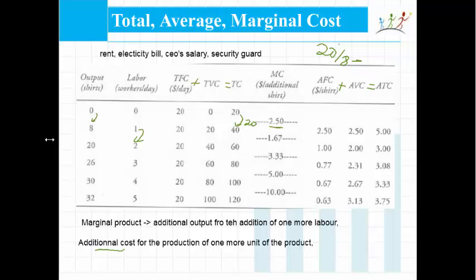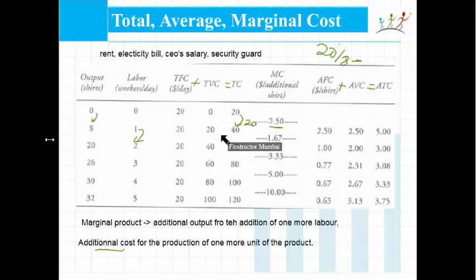For an additional 12 units, what is the additional cost that I need to spend? So if I hire 2 laborers, fixed cost will be 20 units. The variable costs would be 2 into 20, that is 40 units, and the total cost would be 60 units.